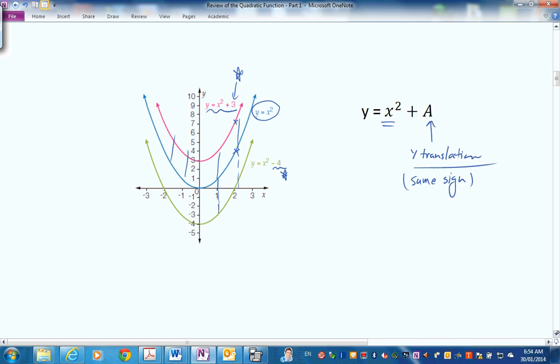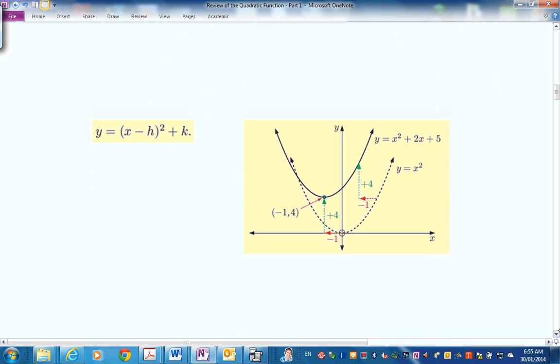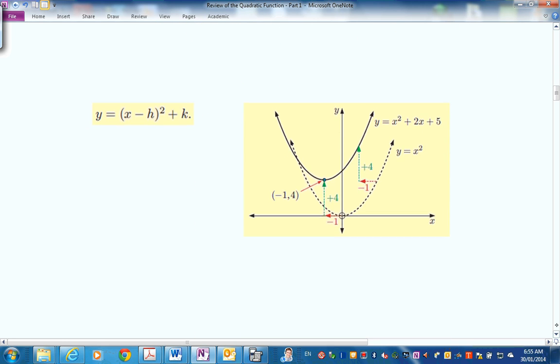Let's have a look at some more changes here. Oh, what about this? Putting it all together, isn't it? Here we've got an x translation of h, remember, opposite sign, and adding on to the end of the function, a y translation of plus k.